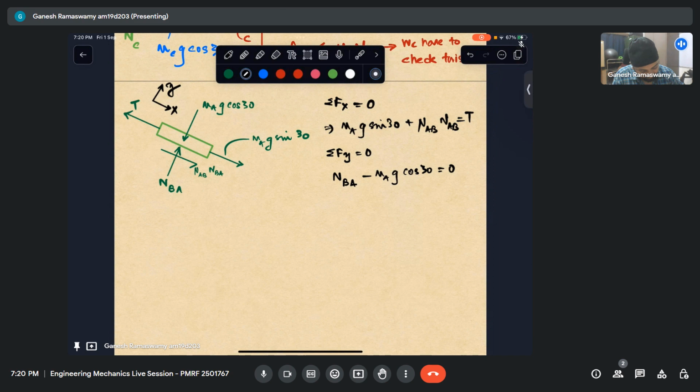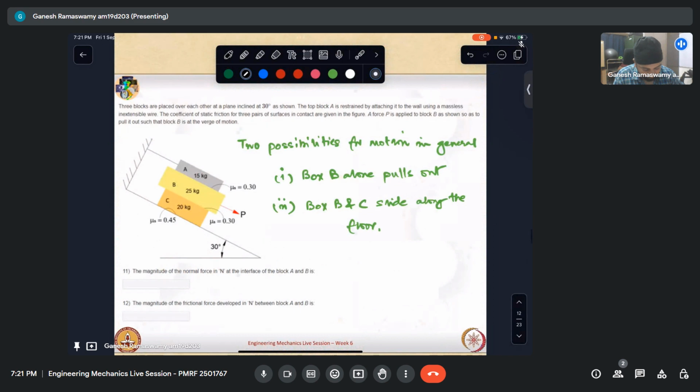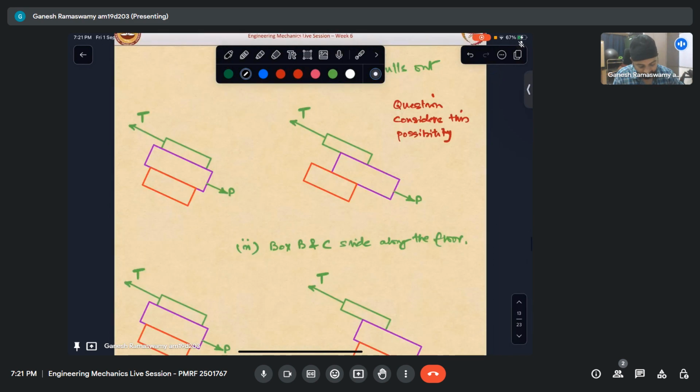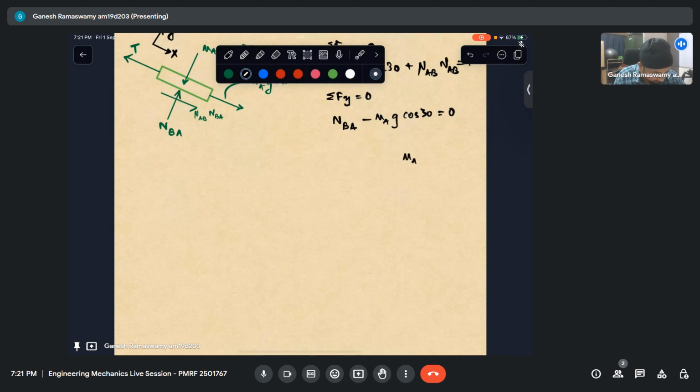So I have MA. What is MA? Mass of MA is 15, 25, 20. It's like that. So let us write it down here. MA is 15 kg. MB is 25 kg. And MC is 20 kgs.